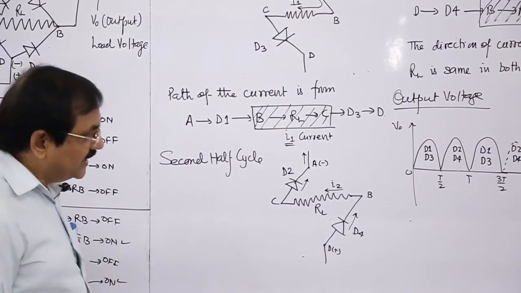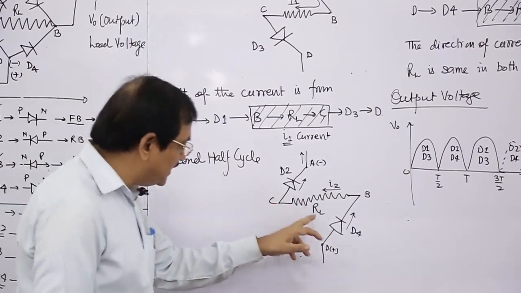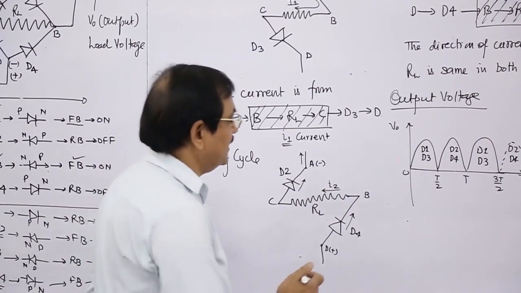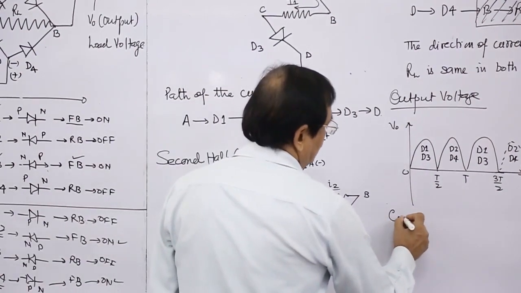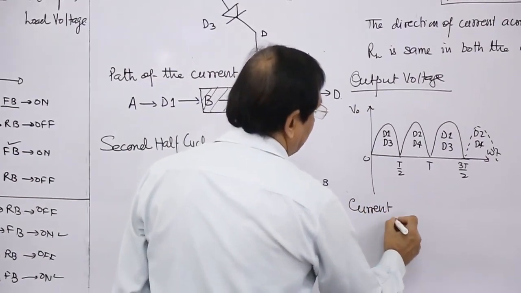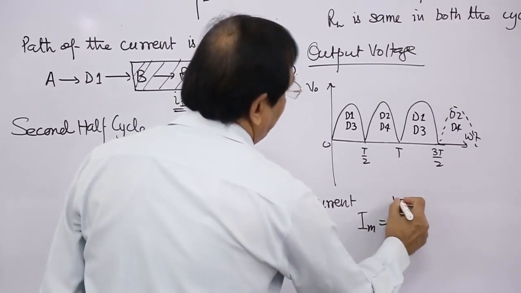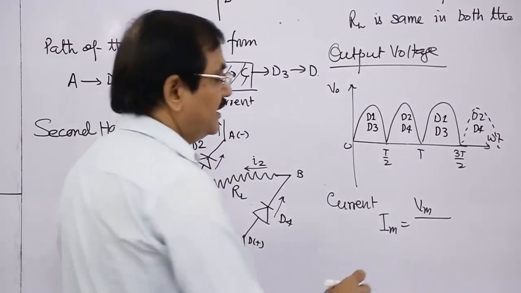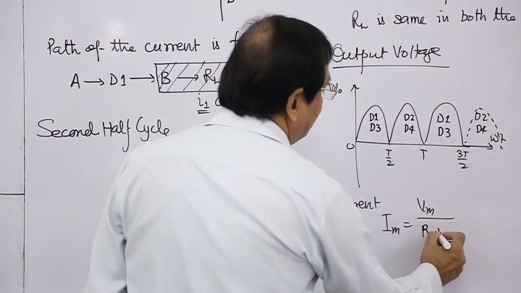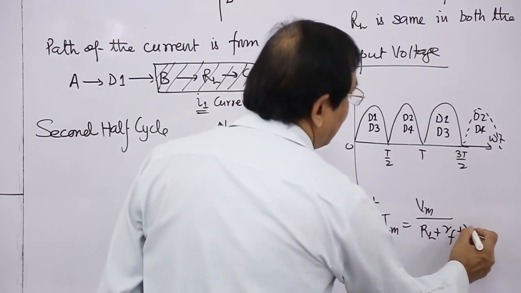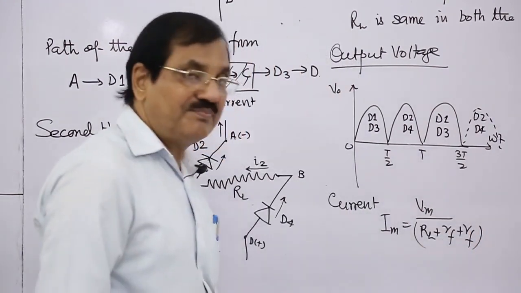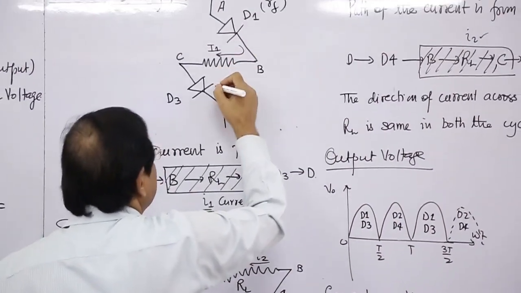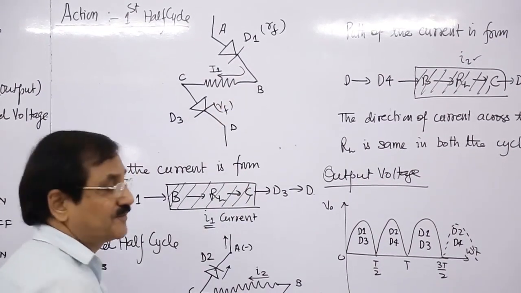The amount of current due to these resistances, the current Im, is equal to Vm divided by RL plus RF plus RF. Why RF plus RF? Because here it is RF forward bias, and here it is RF forward bias.